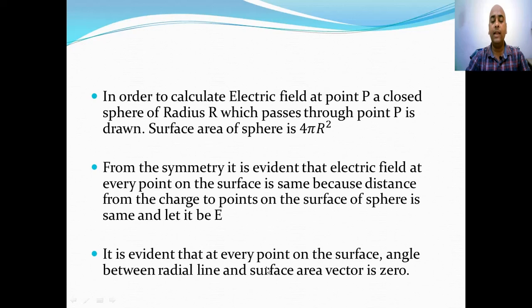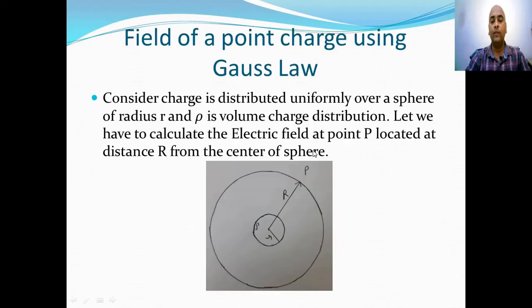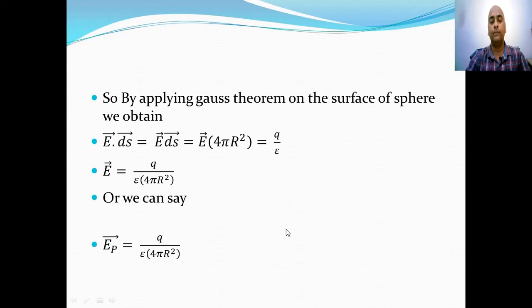It is evident that at every point on the surface, the angle between the radial line and the surface vector is 0. So by applying Gauss theorem, the total flux which is coming out of this sphere is equal to Q by epsilon naught, the charge enclosed.